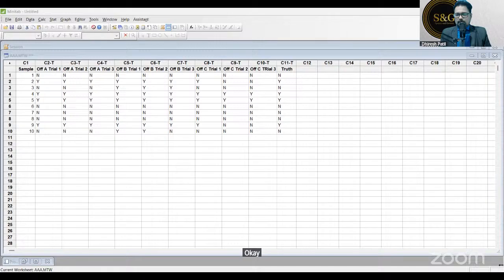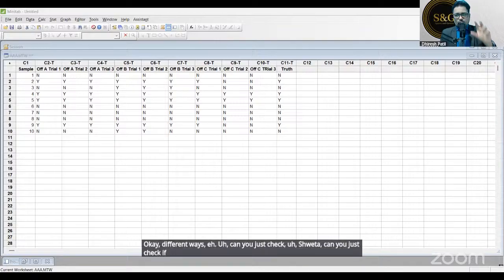Okay, what is the challenge you are getting? Android is window based, right? I think it should work then. Okay, different OS है. Can you just check, Shweta, if you can install Windows on your tab, if possible?